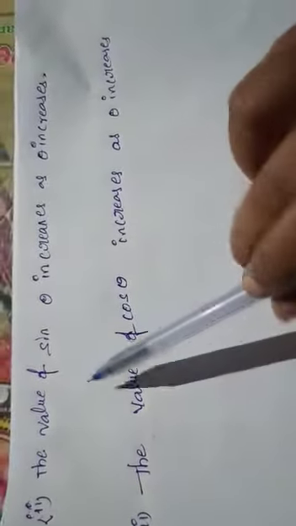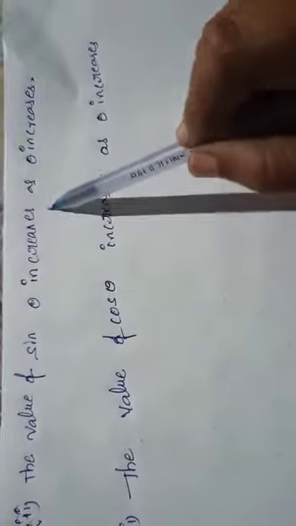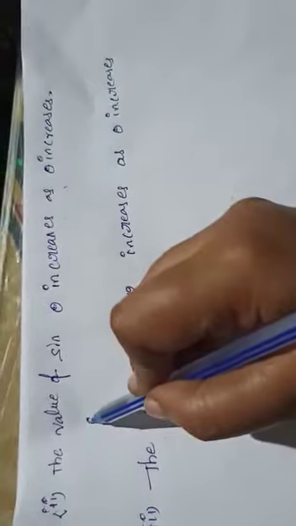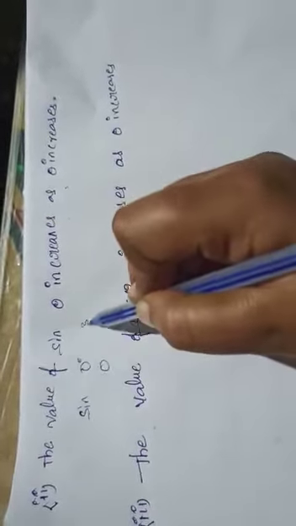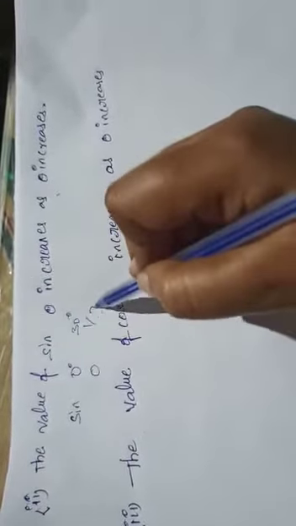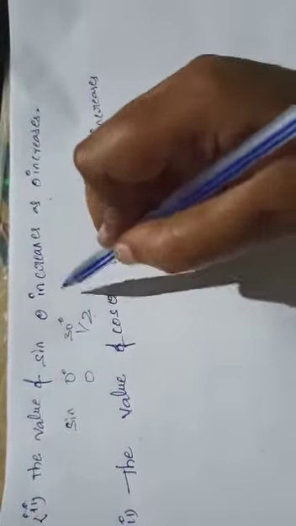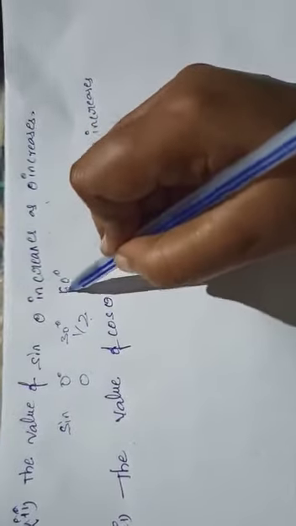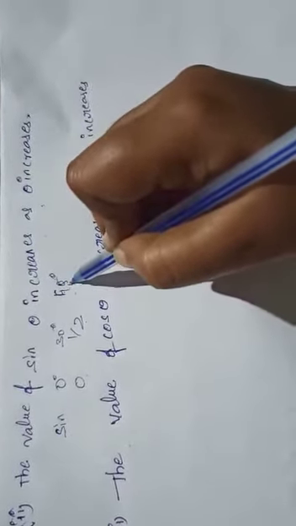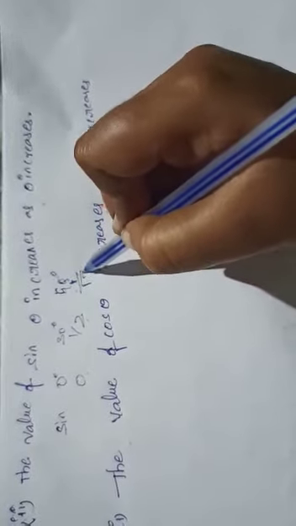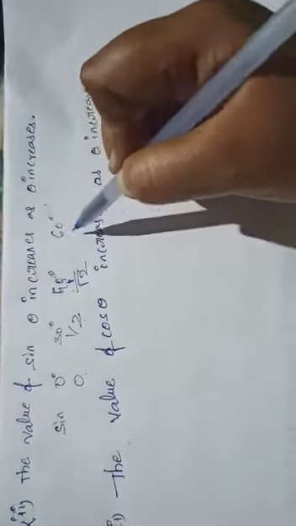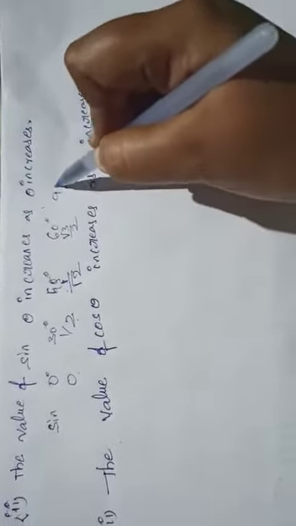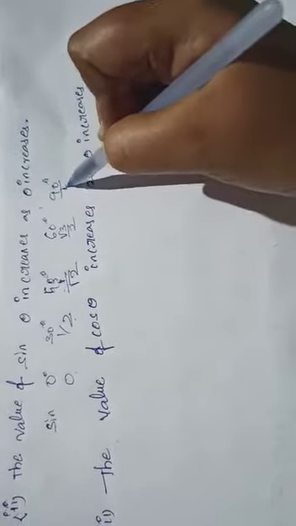Next, the value of sin theta increases as theta increases. Okay. Sin values: sin 0 degrees is 0, sin 30 degrees is 1/2, sin 45 degrees is 1/root 2, sin 60 degrees is root 3 by 2, sin 90 degrees value is 1.